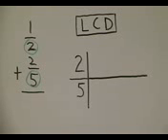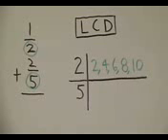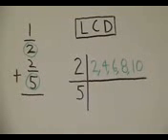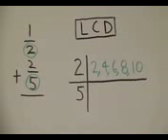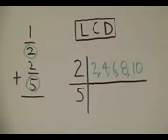So once again, we need to find an LCD, or least common denominator, for 2 and 5. The first thing we do is list the first 4 or 5 multiples for 2. Next, we list the first 4 or 5 multiples for 5.